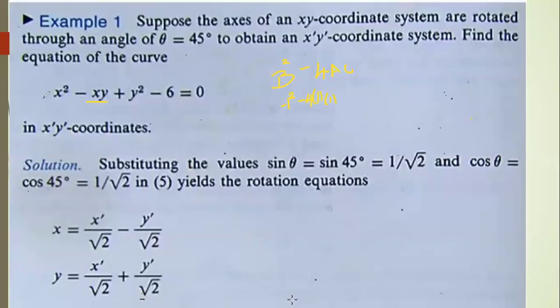Our a comes from x squared, and our c comes from y squared. And this equals -5. So we know it is either an ellipse or a circle. Although it meets some of the requirements to be a circle, it is not a circle because b is not equal to 0. For it to be a circle, b had to be equal to 0. So we know our shape is most likely an ellipse.